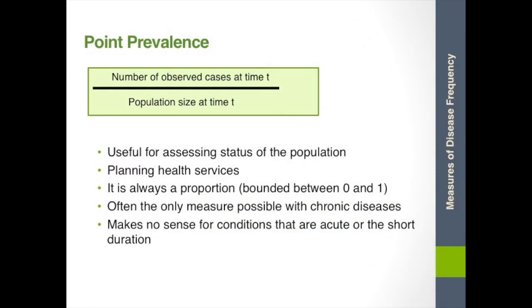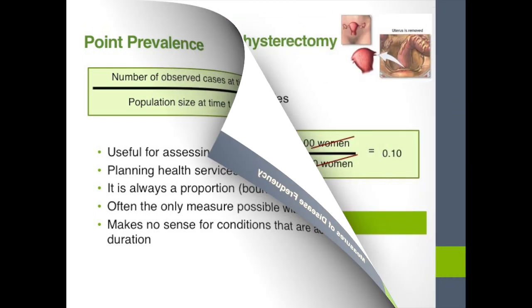Point prevalence is the proportion of the population that has the disease at a single point in time. The measure is useful for assessing the status of the population and good for measuring chronic conditions, but it doesn't make much sense to use it for conditions that are acute or of short duration.